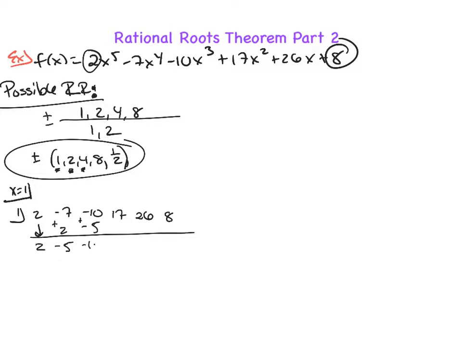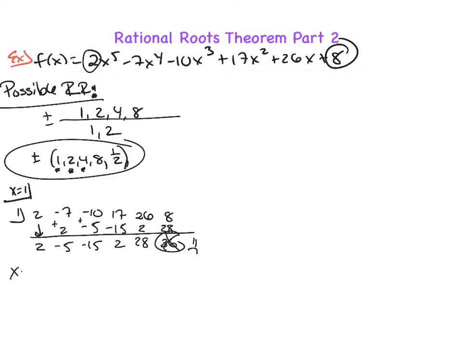Add those two, -15. Multiply by the 1, -15. Add to 17, we get 2. Multiply by the 1, we get 2. Uh-oh, this isn't looking good. 26 plus 2 is 28. And 1 times 28 is 28. When we add it to 8, we're going to get 36, which is not good. It's not equal to 0. So x equals 1 is not a possibility.